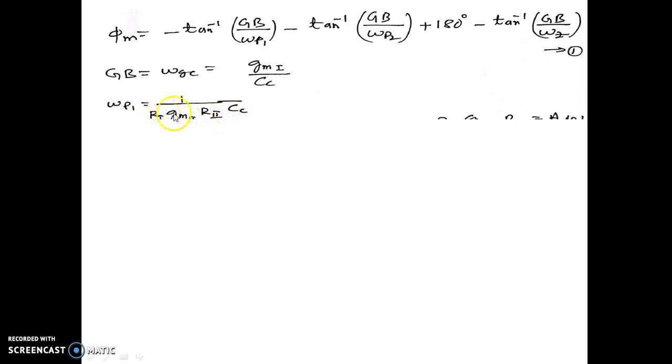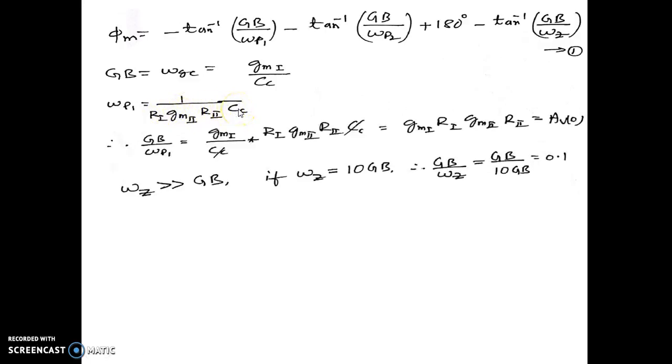We write the ratio of GB by omega P1, substituting the values of GB and omega P1, and it is found that this ratio happens to be GM1 R1 into GM2 R2, which we can write as the voltage gain of the two-stage amplifier at DC.